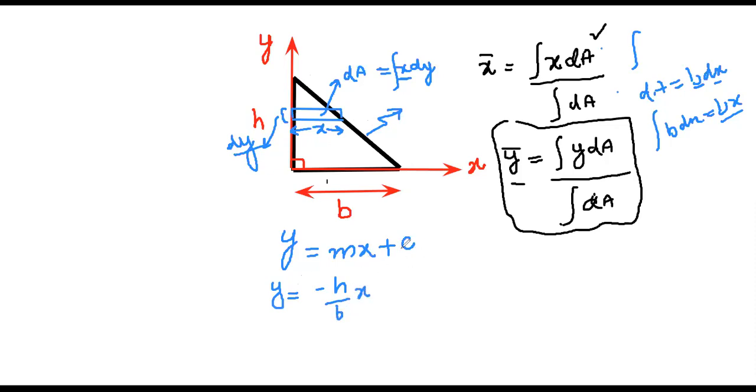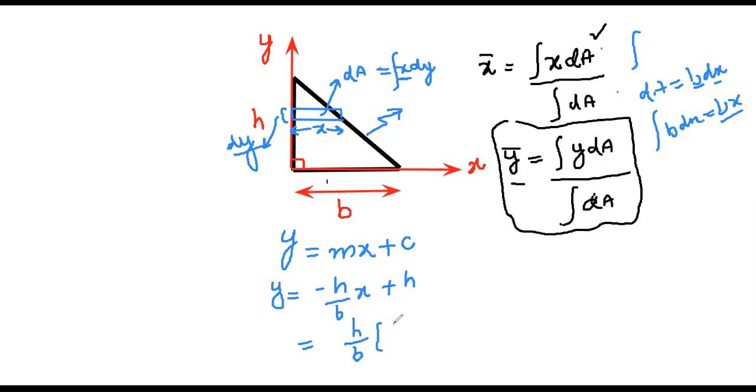As far as c is concerned, c is the intercept on the y-axis, and that is equal to h. So we can write this as y is equal to h minus h by b multiplied by x, which we can write as h by b.